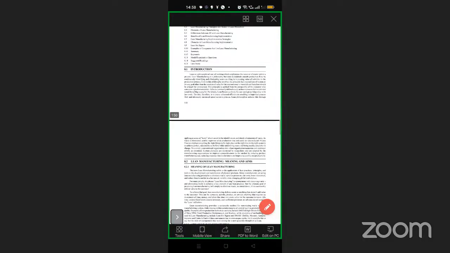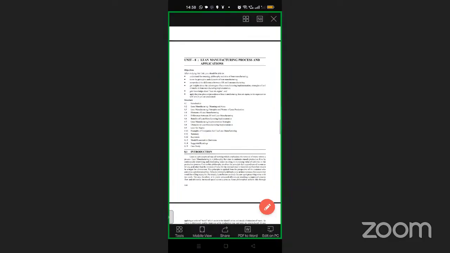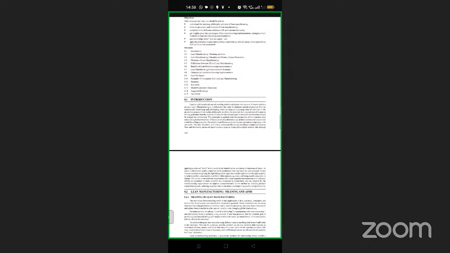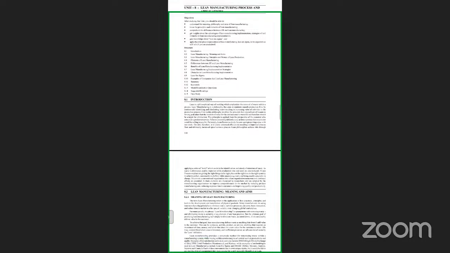So in Block 2, Unit 8, we are going to discuss lean manufacturing process and applications. Lean is a philosophical way of working which focuses on the removal of waste within the process. Whenever the production process is going on, this type of manufacturing process will help the organization eliminate waste.